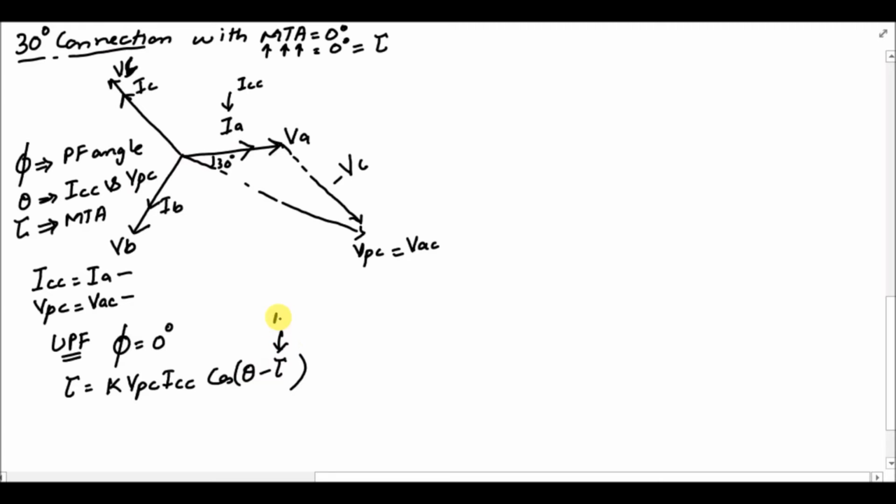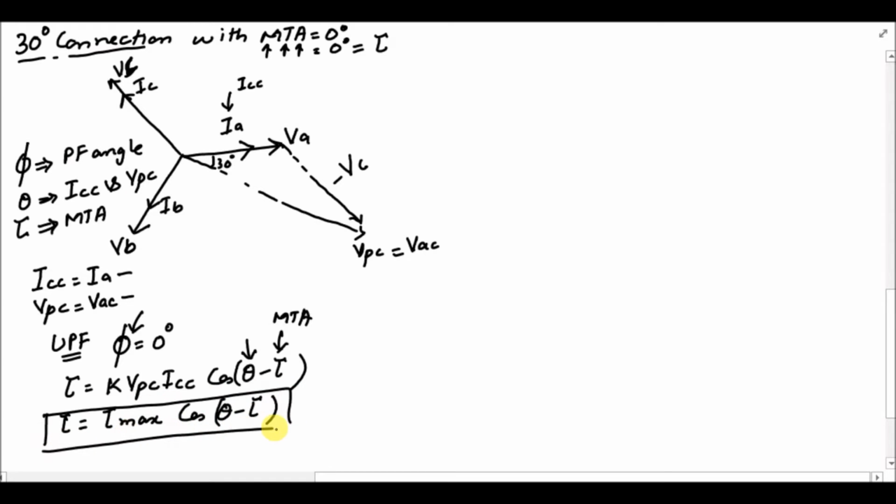Tau here is the maximum torque angle, theta is the angle between VPC and ICC, and phi is the power factor angle. So torque is equal to torque max cos(theta minus tau). I will be using this equation for the further explanation, because when cos(theta minus tau) is equal to 1, then torque will be equal to torque maximum.